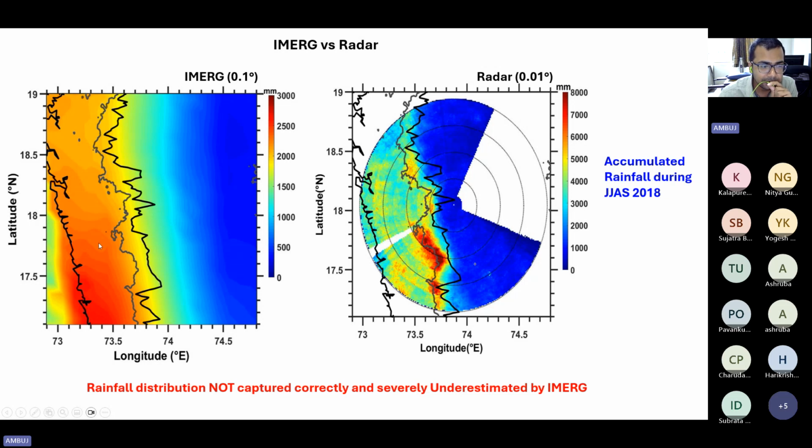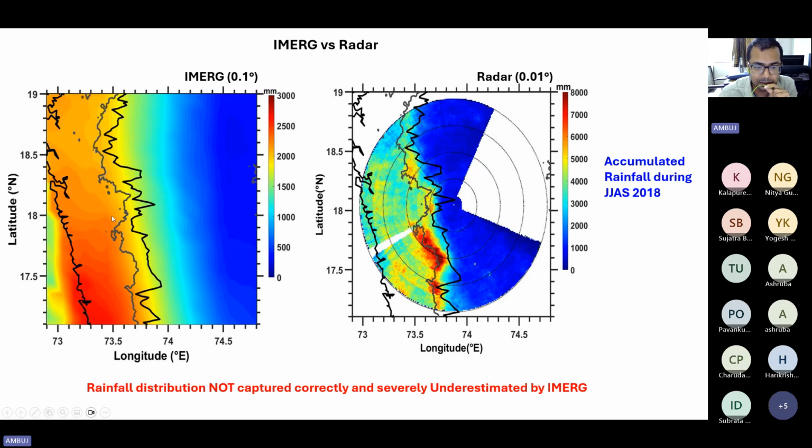And IMERGE is clearly not able to capture correctly the rainfall distribution compared to radar, and it is also severely underestimating rainfall. I have even maintained different color scales just to highlight this difference.